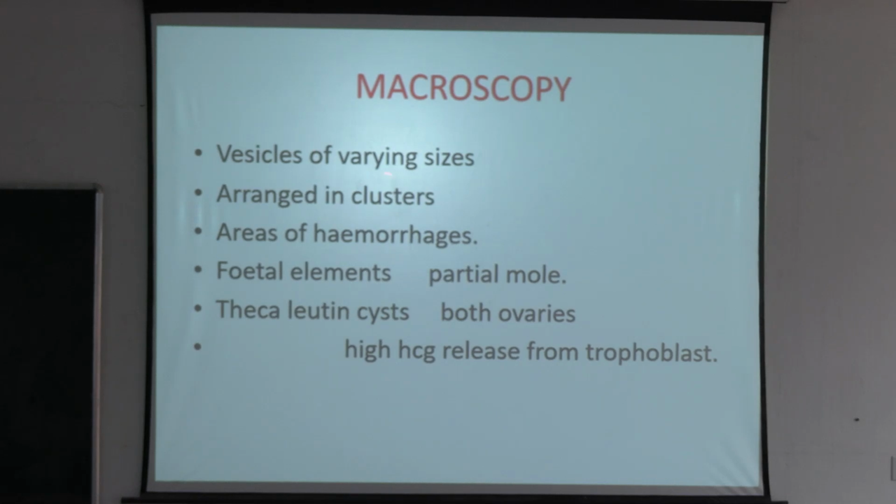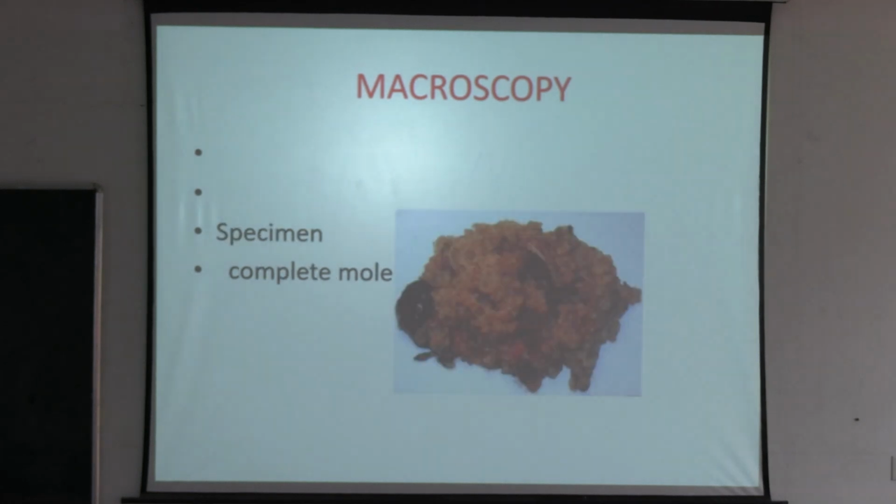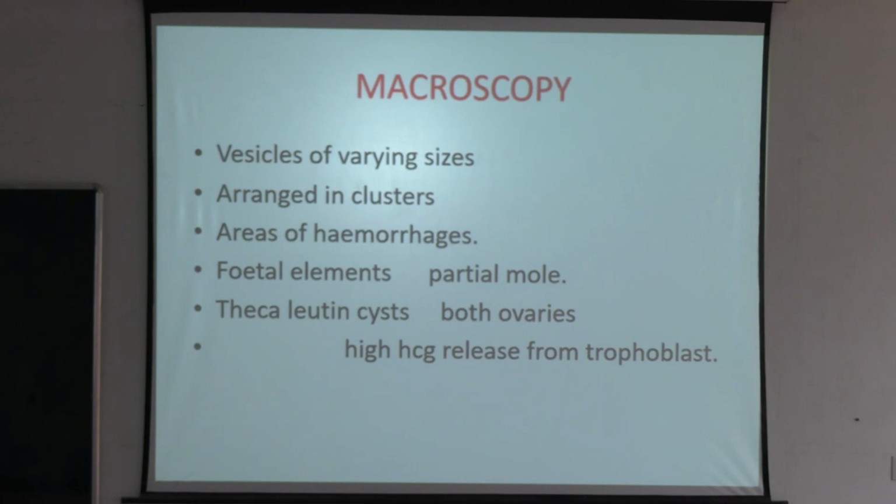Vesicles of varying sizes arranged in clusters or chains, areas of hemorrhage, which you see in the picture. Hemorrhage is there, vesicles are there, but fetal elements are not there, neither placenta nor fetus, and that is complete molar pregnancy.